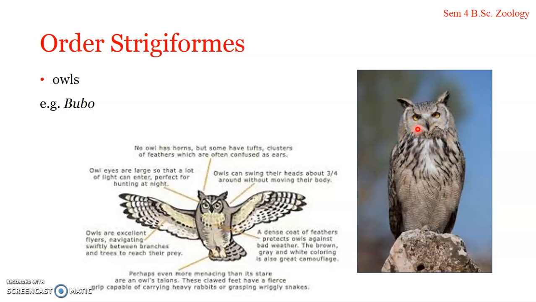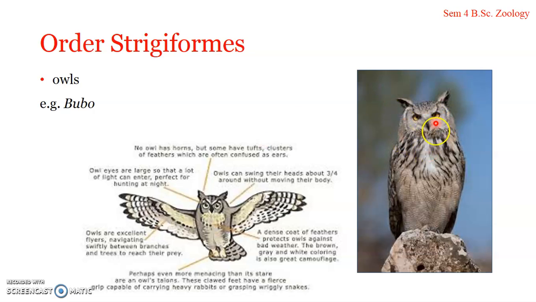The retina contains principally rods, and hence it is very good in nocturnal vision, but obviously poor in daylight vision. The retina contains rods, and that is why it is nocturnal in habit, hunting at night. The ear opening is large, often with a flap-like cover, and the beak is short. The feet have sharp claws adapted for grasping.